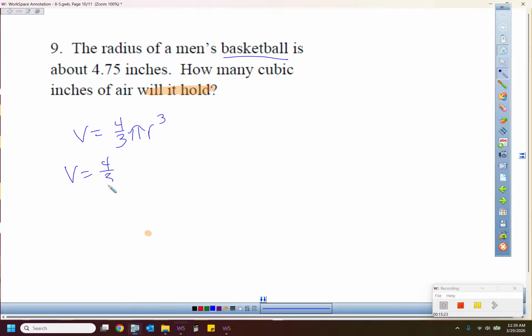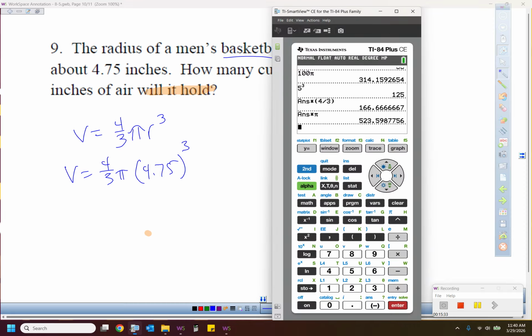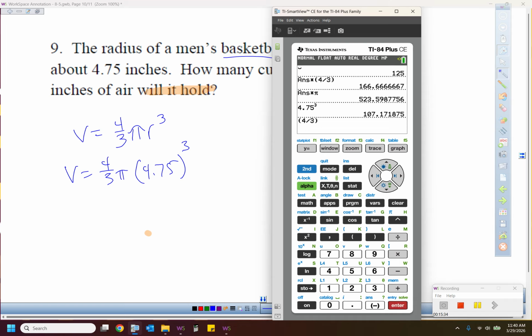These are all going to come out nasty, so I'm just going to do this. I'm going to put 4.75 in for that, and then I'm going to go to my calculator and do that. 4.75 to the third. Got that? It's already a nasty boy, right? And then we will take him times 4 divided by 3. I didn't hit times, sorry.